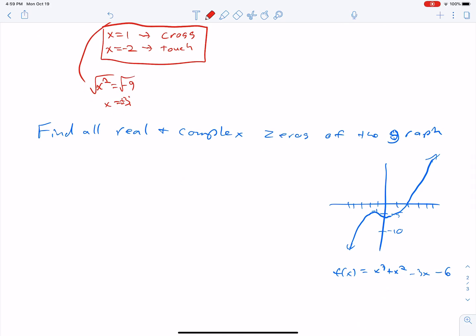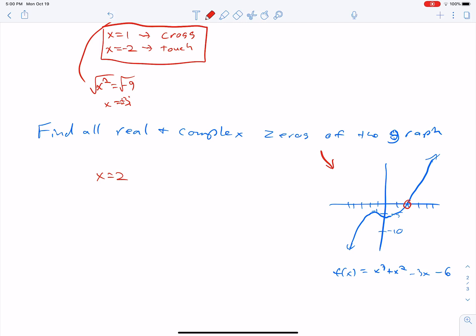So now if we're given a graph, and we're told that we want to find all the real and complex zeros of this graph. The first thing we can do is we can see we have 1 zero at x equals 2. So that's definitely one of our points.